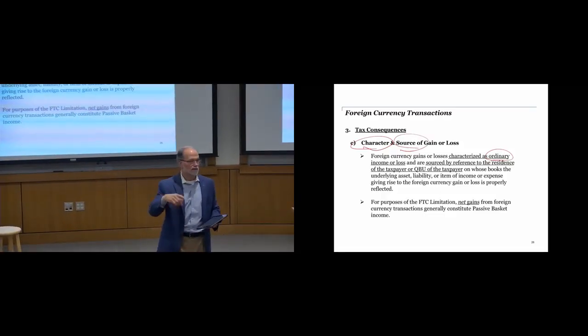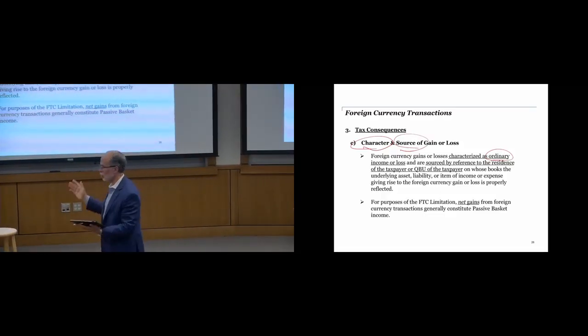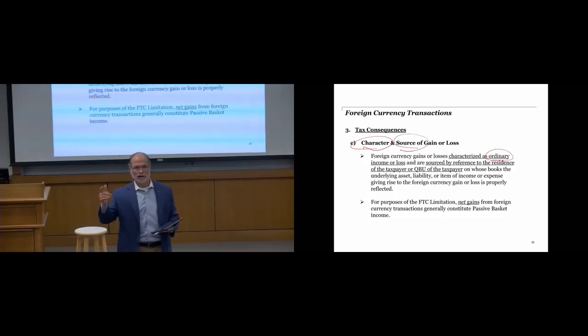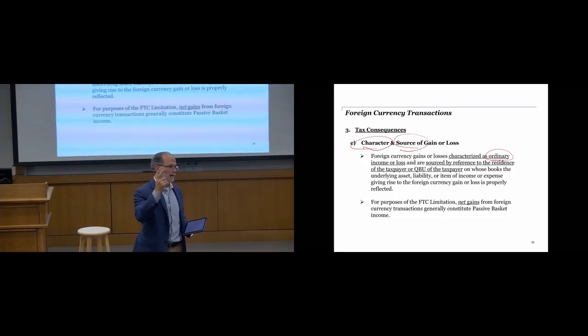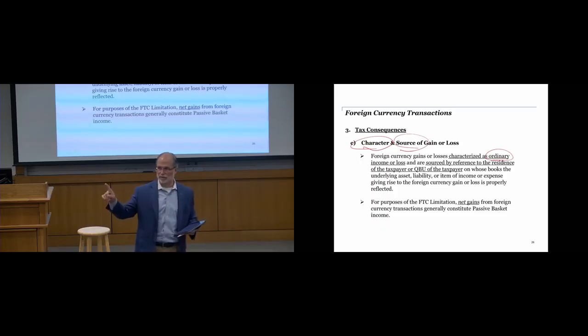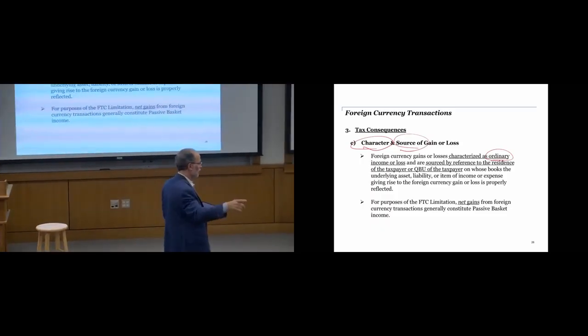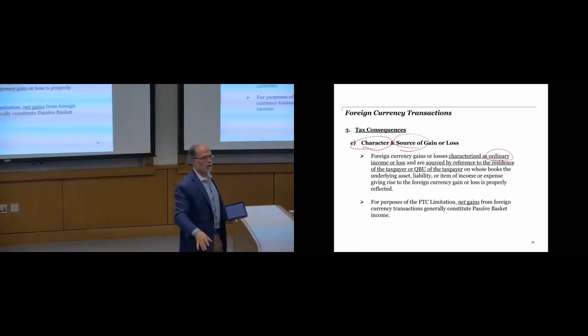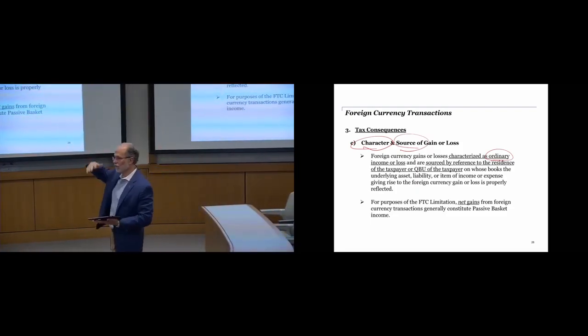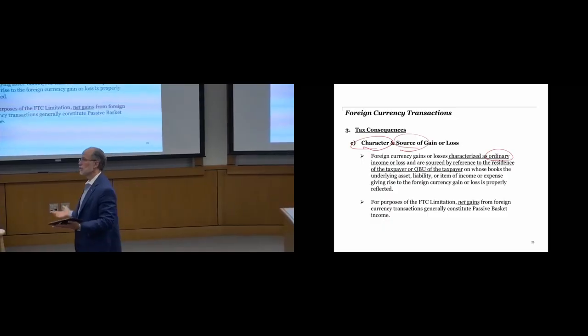So this is good here because the character is always ordinary. And you also know this from business entities, we don't tax capital gains preferentially at the corporate level. Everything's 21%. So ordinary is good here because I don't have any upside if it were capital. I have potential downside if the loss is capital.